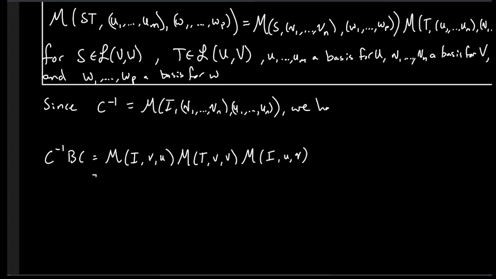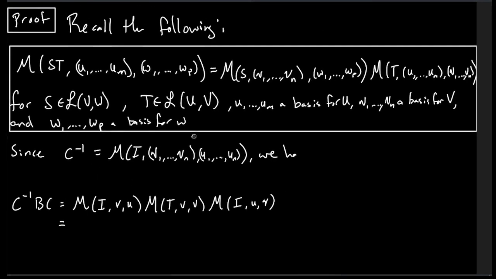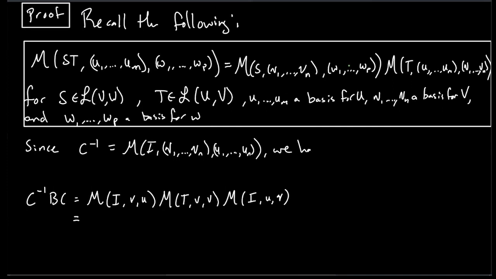Using this nice fact up here, the V and the V match up, and so we can essentially collapse and remove that by putting the product here. So this turns into the matrix of the identity times T. Now the V and the V match up.